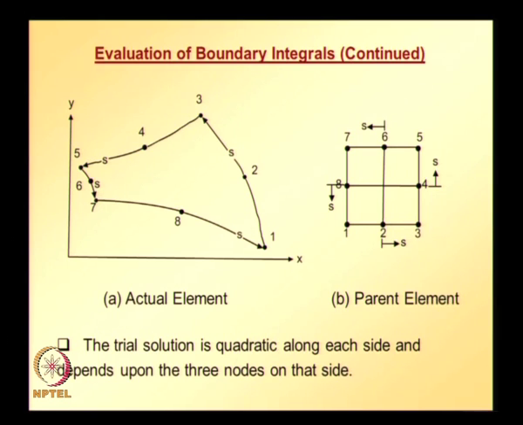Let us take this parent element, and for any of the edges, let us say a side containing nodes 1, 2, 3, the shape functions of the rest of the nodes other than 1, 2, 3 are going to be 0 along this side 1, 2, 3. Similarly, along side 3, 4, 5, except 3, 4, 5, the other nodal shape functions are going to be 0 along that edge 3, 4, 5. Similarly, for the other edges.